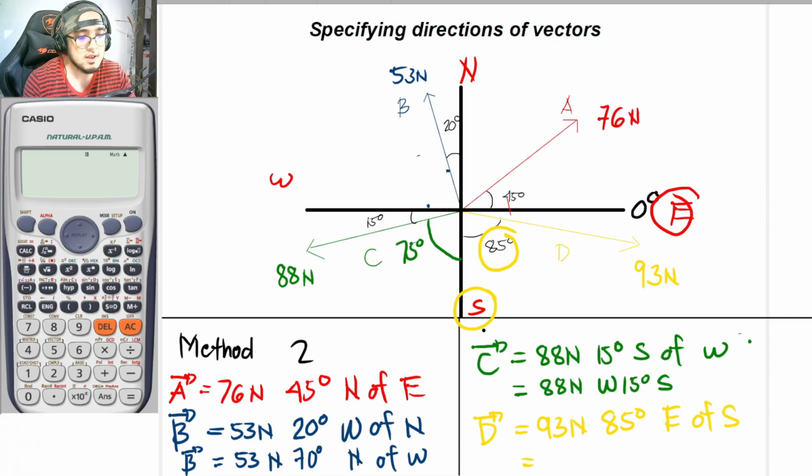Or you can also write it like this. So 93 newtons, south, 85 degrees east. Okay, so from south, you would now be going 85 degrees going towards the east. Okay, so there.